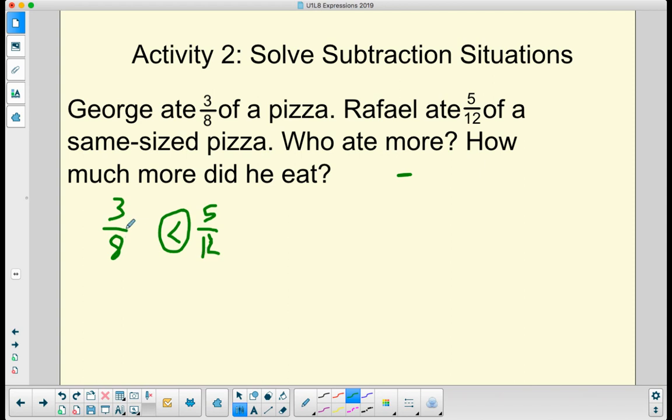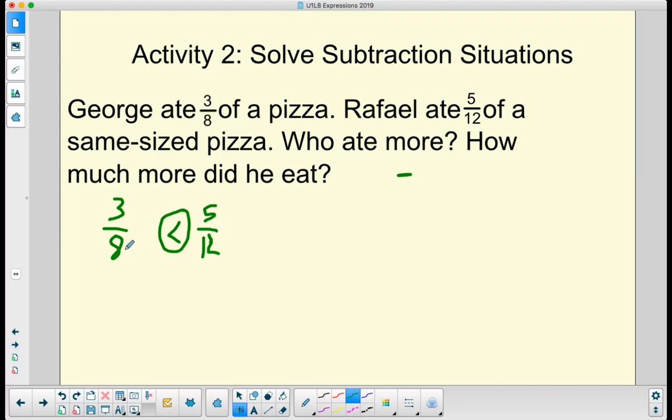If I didn't know that, I'd have to use equivalent fractions or a common denominator. So whenever I'm finding a common denominator, my first question is: is one of my denominators a factor of the other? Is 8 a factor of 12? It's not. Nothing multiplied by 8 is 12. So the next thing I'm going to ask is: is their only common factor 1?